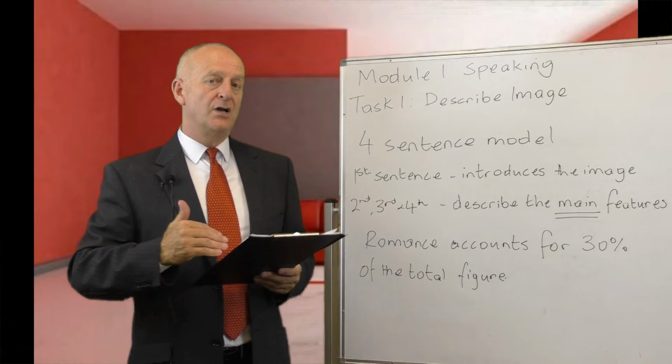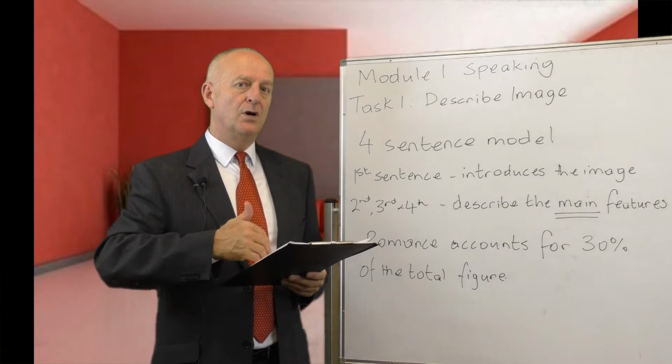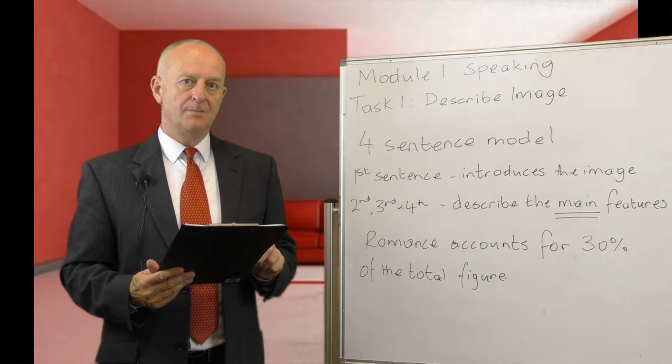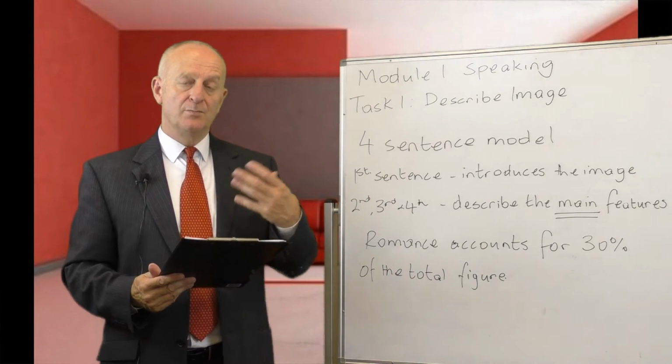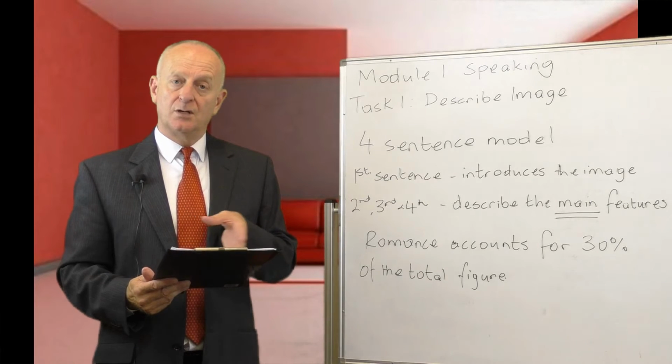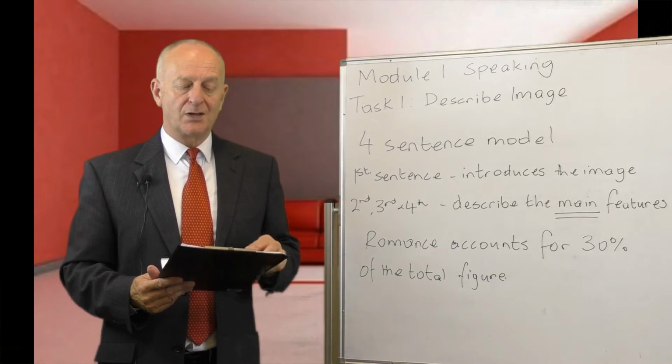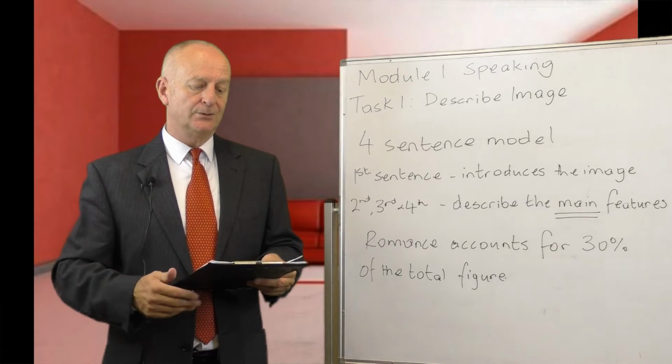So with a single pie chart, if you describe that pretty well, you should be able to get that in within 30 seconds, okay? And you might have noticed that I changed a couple of the forms of the word, romance to romantic. That's something else for you to consider, okay?